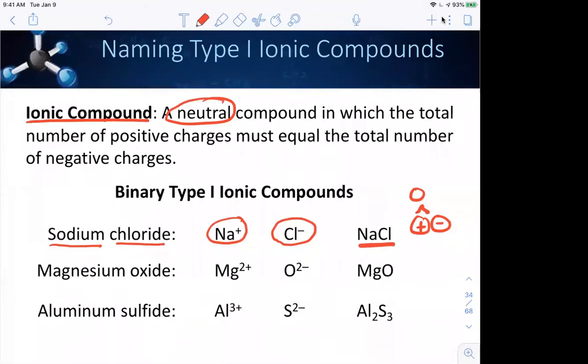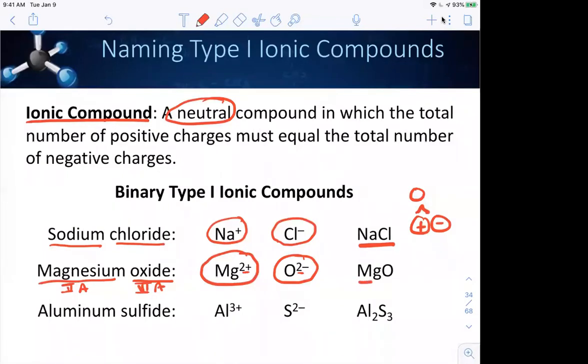Let's look at magnesium and oxygen. Magnesium is in group 2A, forms a +2. Oxide, so this is 2A, this is 6A, it forms a -2. Notice +2, -2. I only need one magnesium 2+ ion and one oxide 2- ion in order to combine.